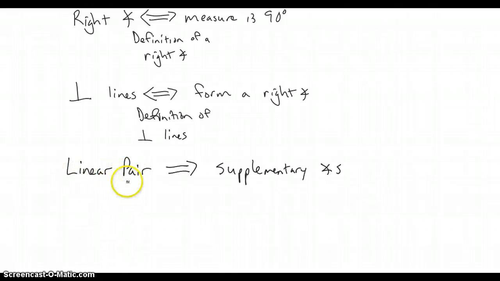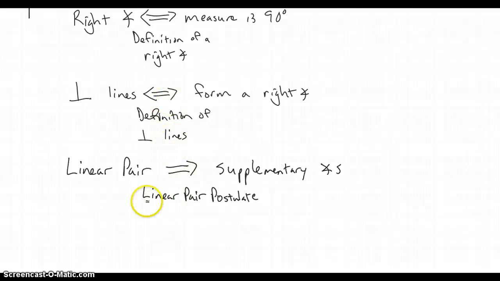The definition of a linear pair is two adjacent angles whose non-common sides form opposite rays. That doesn't say anything about being supplementary. It's the linear pair postulate that lets us conclude that those angles are supplementary. The linear pair postulate says if two angles form a linear pair, then they are supplementary.